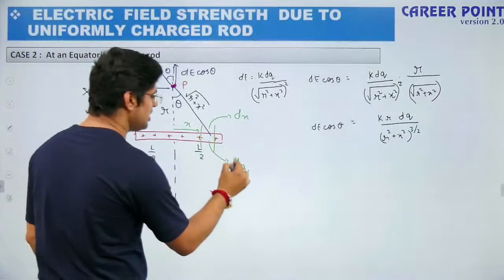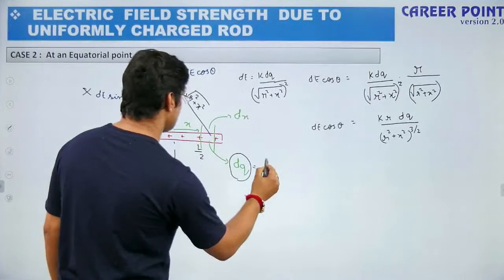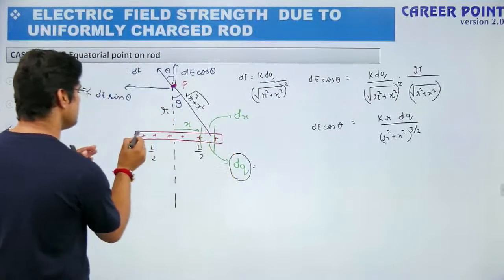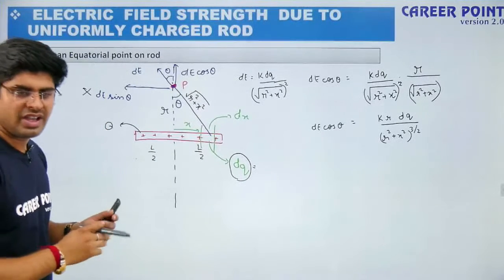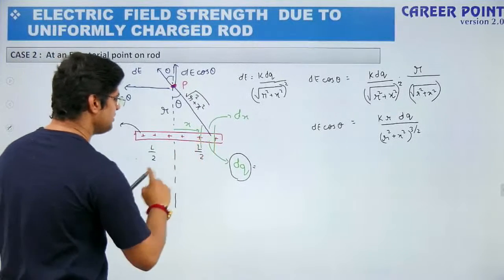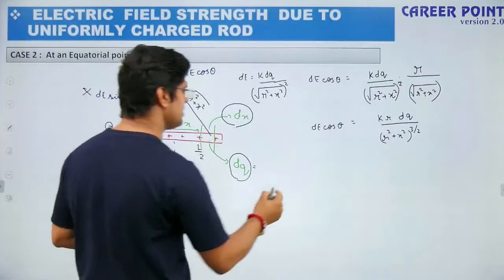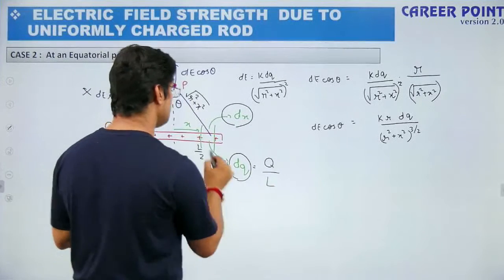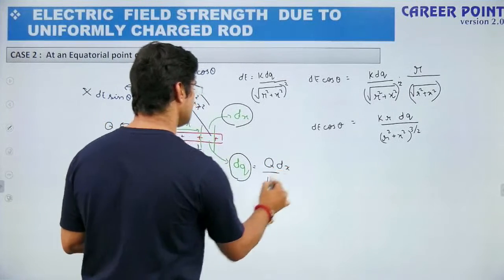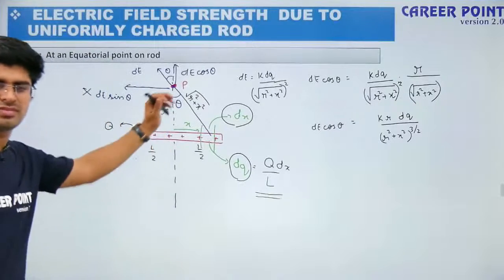How can we write the value of dq of this charge? See, the total charge on this rod is capital Q, and let's say the length of this element is dx, which we have already specified. So the charge is total charge Q divided by length of the rod, into length of the element dx, similar to what we used in the previous example.